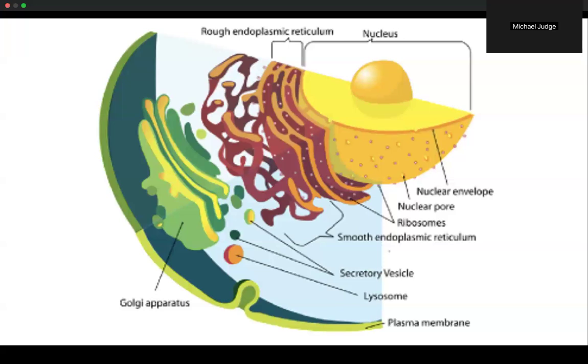The ribosome reads the RNA molecule and determines what the code in that gene is instructing in terms of a protein.